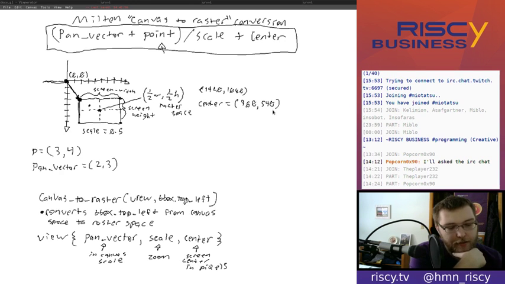So let me think here. Let's make a very contrived example where the numbers will work out nicely so that we can easily verify that we're right. So how many canvas units is this?